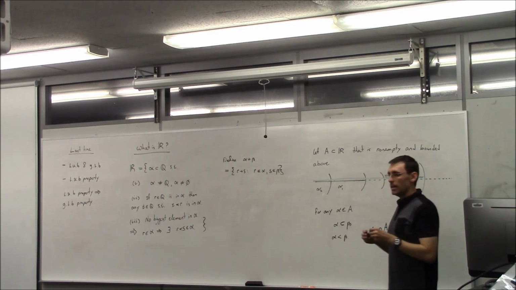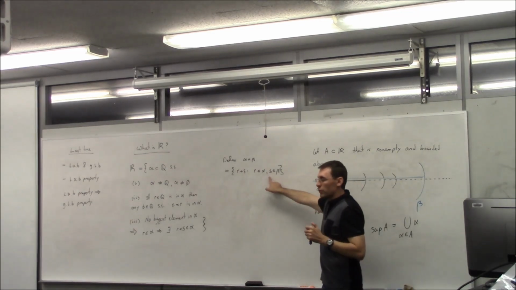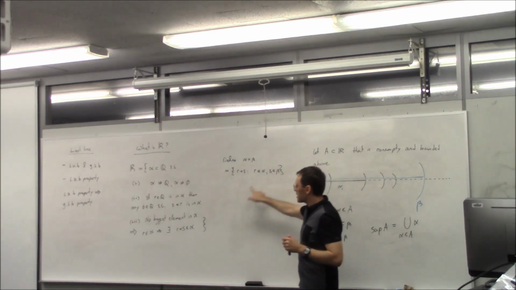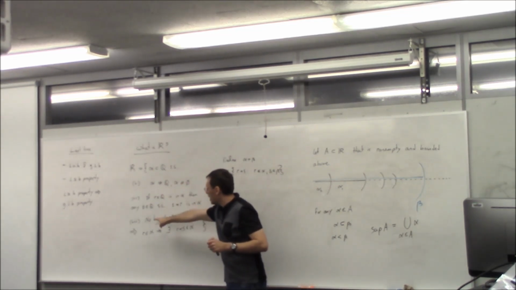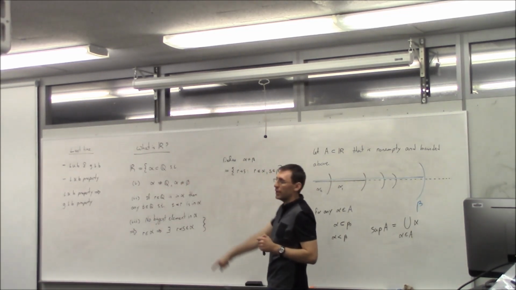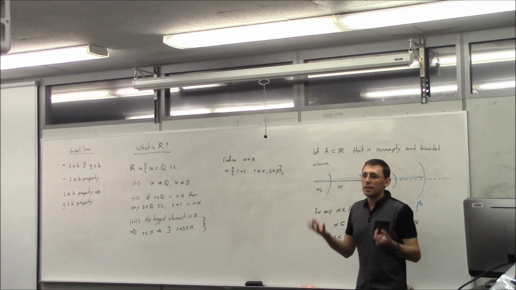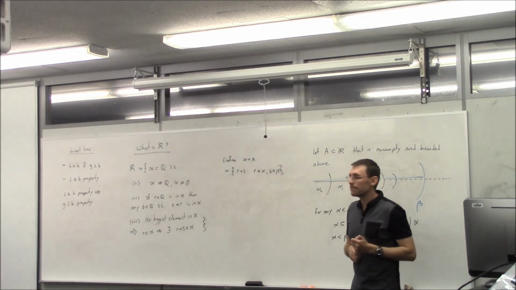Okay? And you have to verify that this structure satisfies conditions I through III, 1, 2, 3, that this indeed looks like a half-open ray.